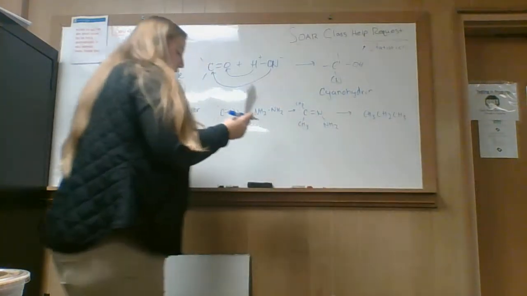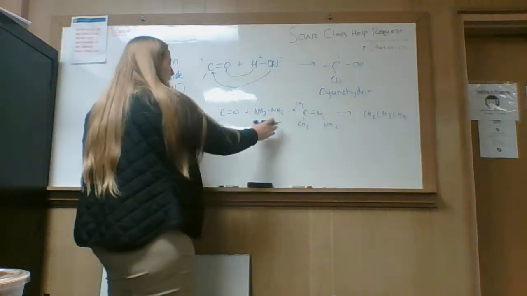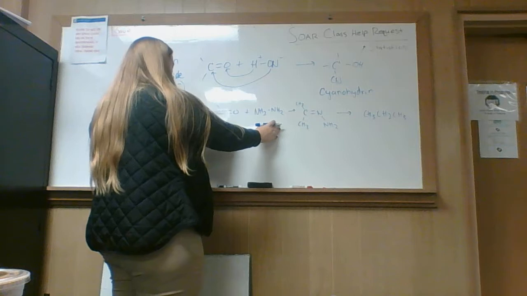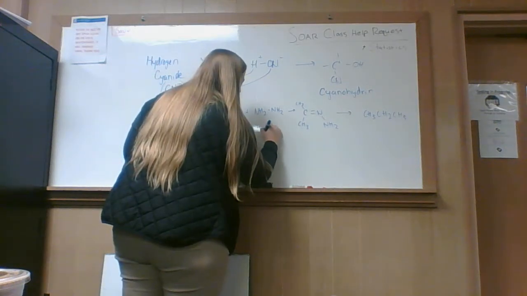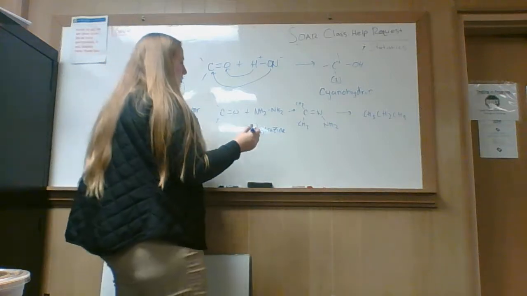Okay, so we have our aldehyde or our ketone. We're adding a molecule that has 2 nitrogen groups. This is referred to as hydrazine. Our intermediate is referred to as hydrazone.